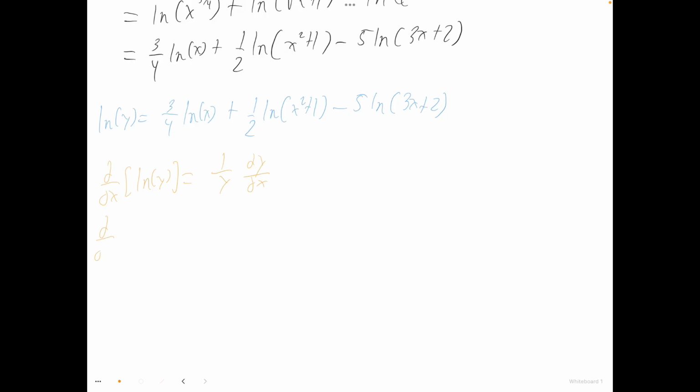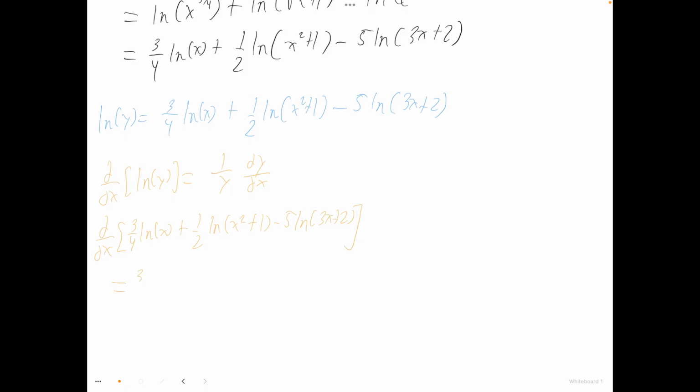And now we take the derivative of the right-hand side. So we've got 3/4 ln of x plus 1/2 ln of x squared plus 1 minus 5 ln of 3x plus 2.